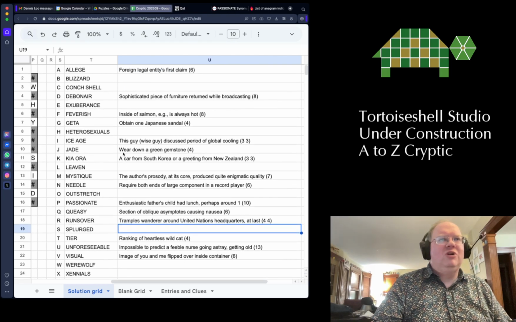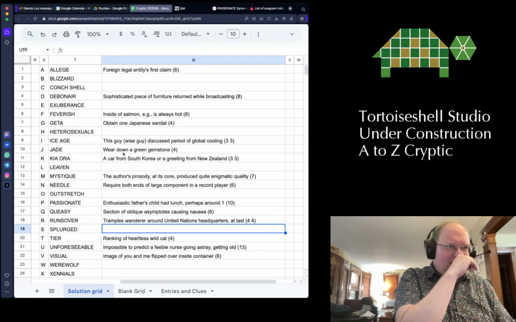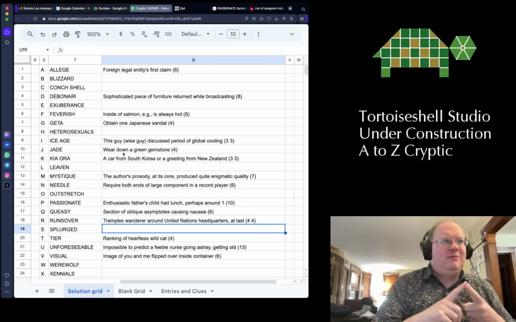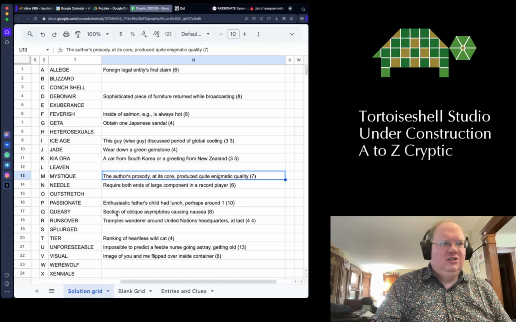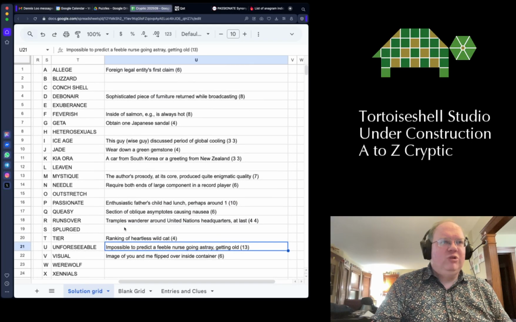Let me just see what do I have in these 17 clues. So how many anagrams do I have? 1. I almost never do this. 2, 3. I only have 3 anagrams so far.